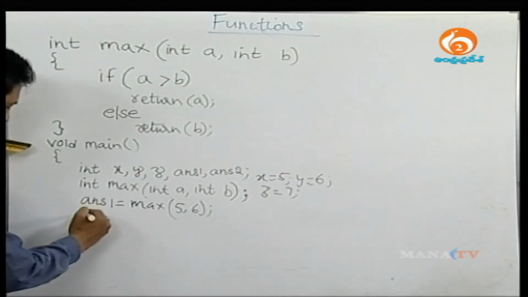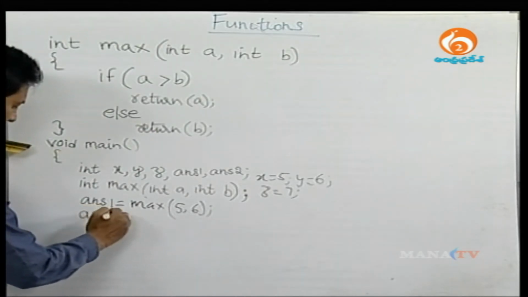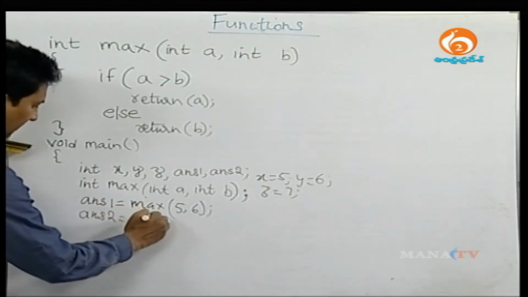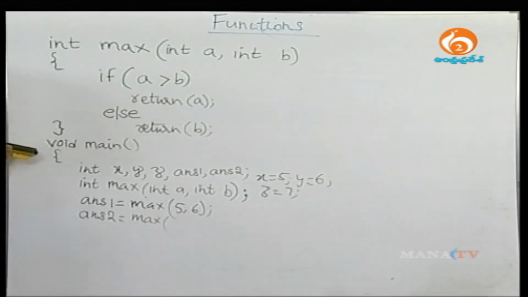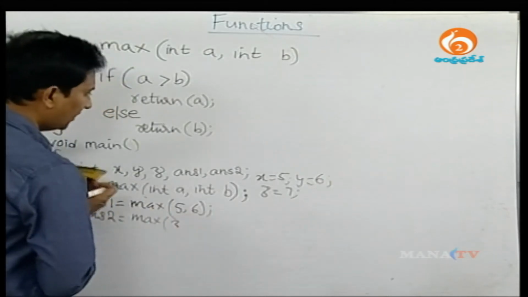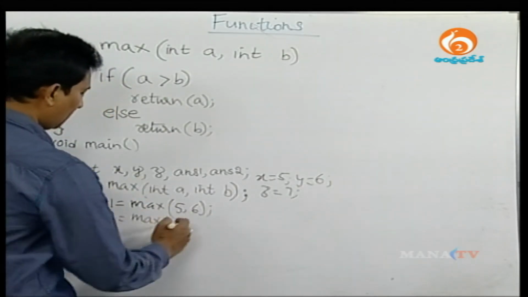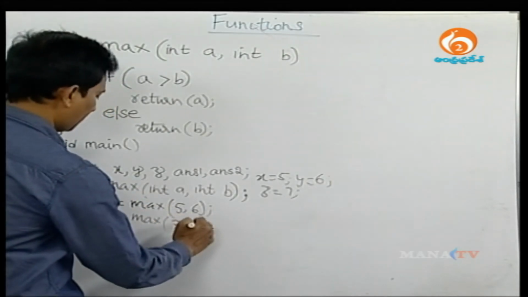Next, answer2 equal to max of z comma answer1, where z means 7.